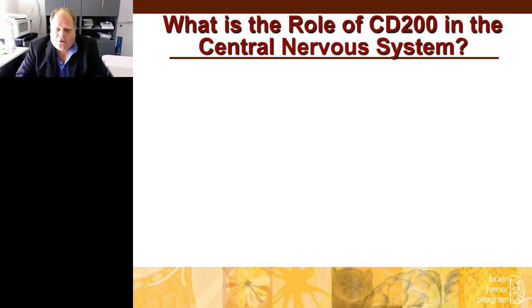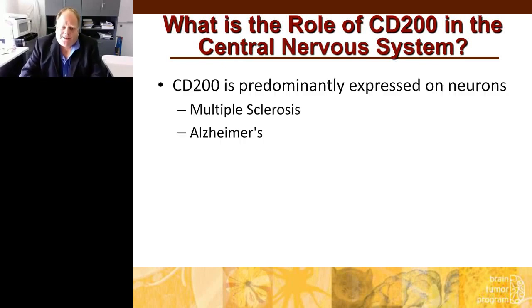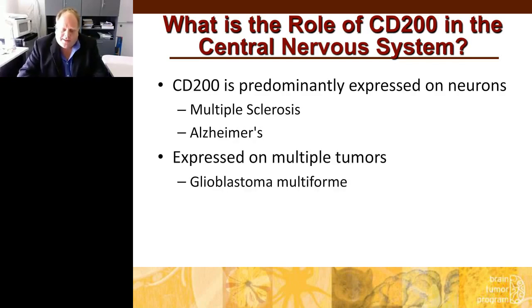Now, in the central nervous system, neurons highly regulate the CD200, and that's to inhibit activation of T cells that you don't want in the central nervous system. And it's been reported that downregulation or the loss of the CD200 is correlated with increases in MS as well as Alzheimer's.